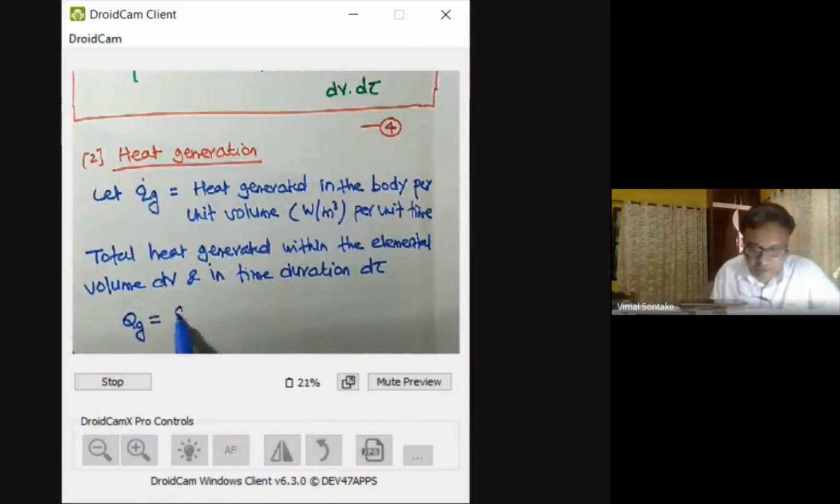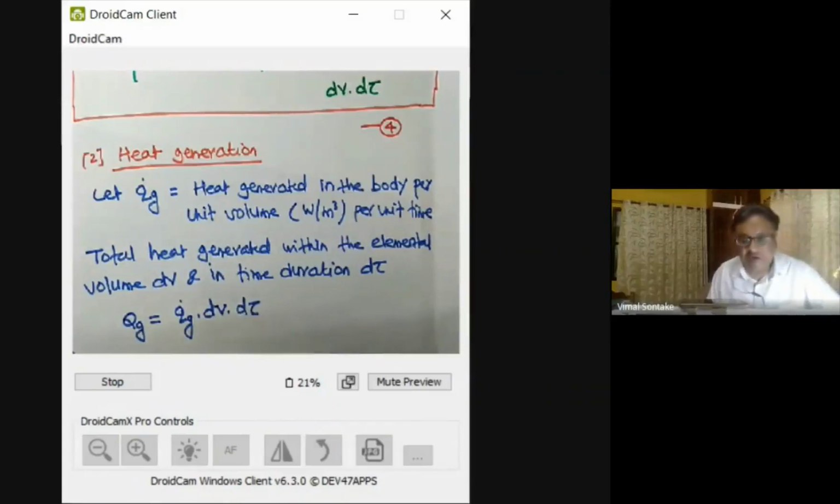will be Q dot G, that is rate of heat generated per unit volume. In order to get the amount of heat generated, I have to multiply it by its volume. So Q dot G into dV will give me watt. But I am interested in amount of heat, so I have to multiply it by time.